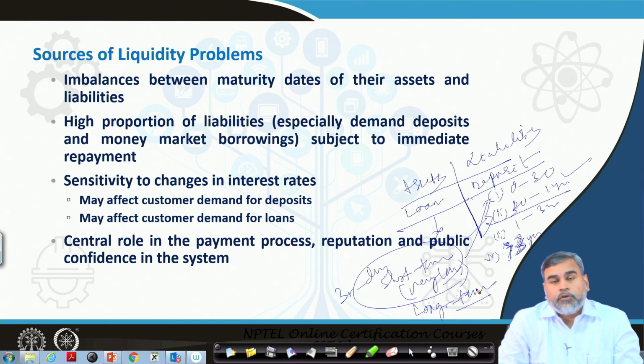Second thing, you have borrowed some money from the money market, and as we have just discussed, the call money market is an overnight market. Whatever money you have borrowed today has to be returned tomorrow. So if the money has to be returned tomorrow, where will the money be generated?